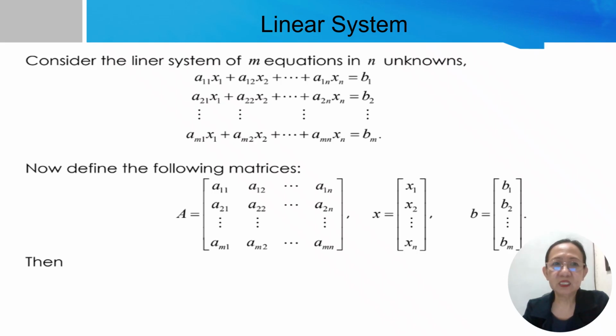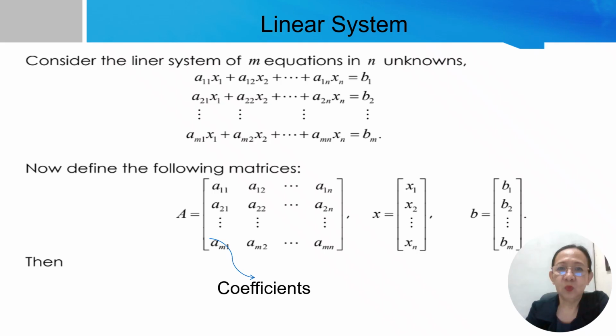Now, for the linear system, consider the linear system of m equations and n unknowns. Okay, so this is the system of linear equations and unknowns. Now, define the matrices, collecting all the coefficients. Here we have a sub 11, a sub 12, up to a sub mn, which are our coefficients.